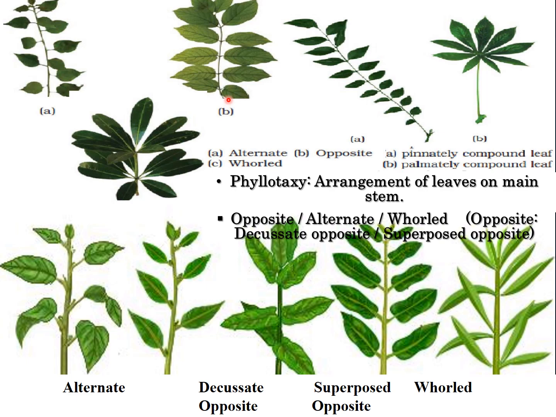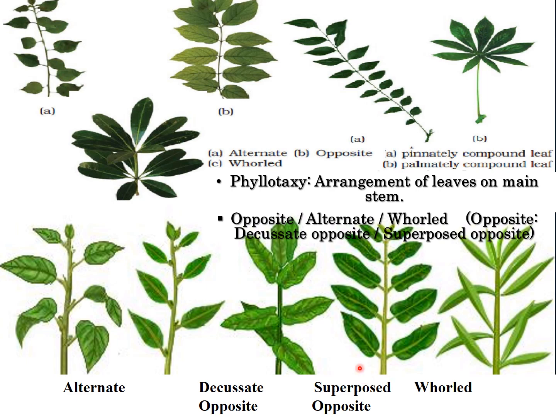This can be decussate and this can be superposed. Decussate means each pair of leaves forms a right angle with the other pair. Both pairs are arranged opposite but at different angles.